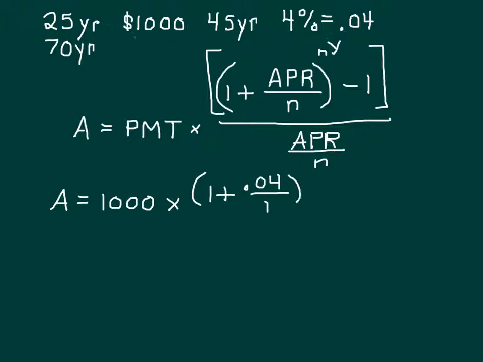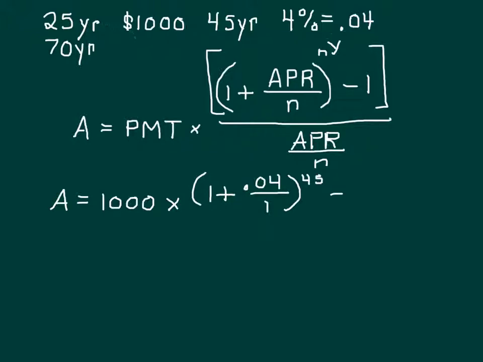And this is raised to the N times Y. N is 1, and Y is the number of years. And the number of years is the difference between 70 and 25. 70 minus 25 is 45. So N is 1, Y is 45. 1 times 45 is 45. So this is raised to the 45.